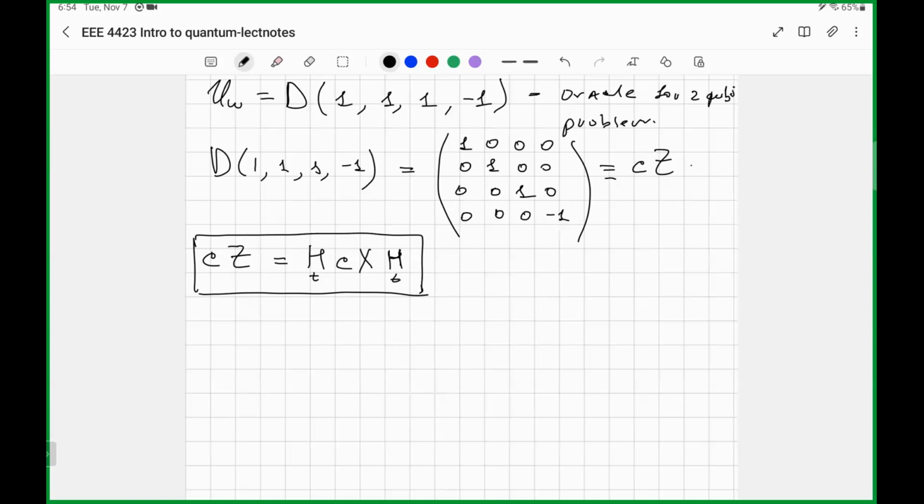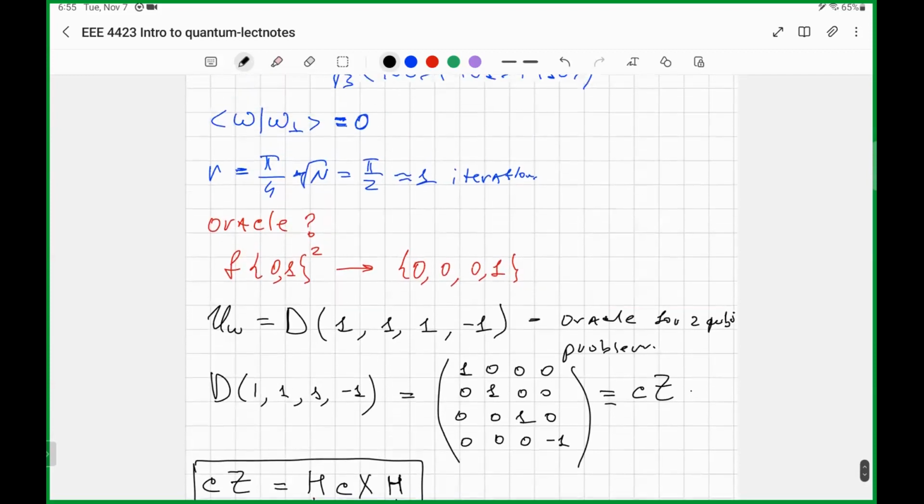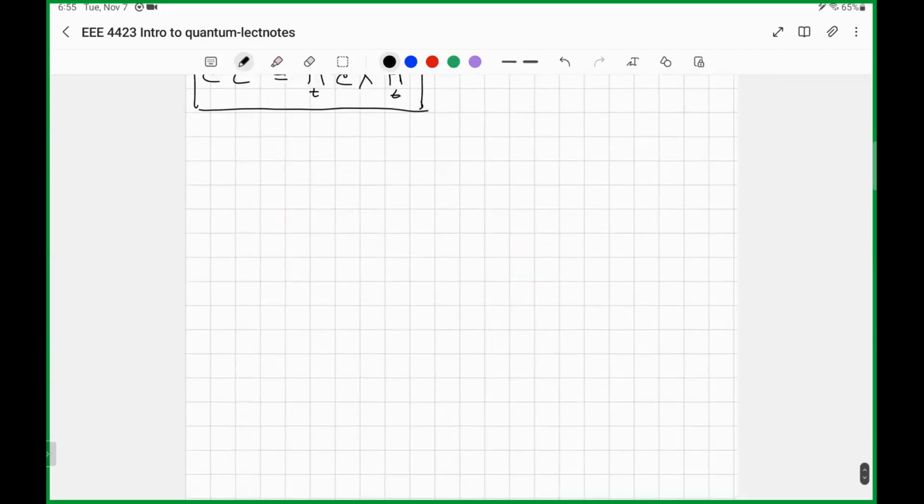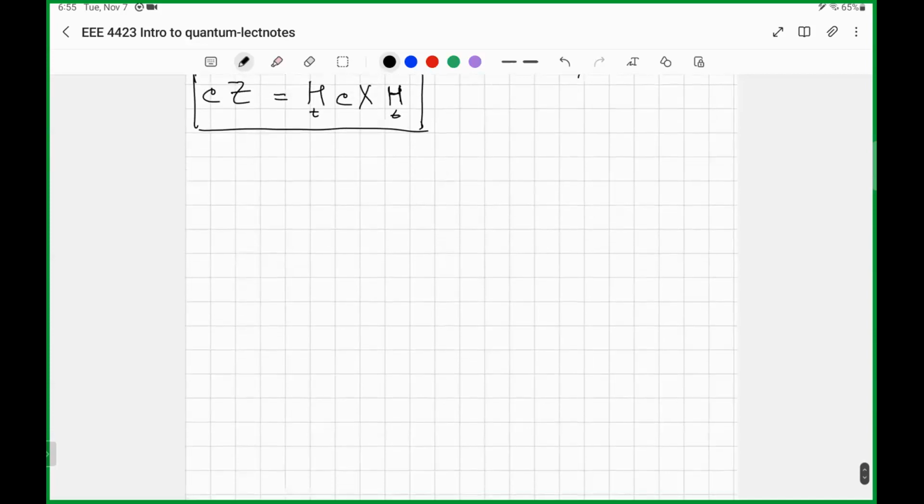But if the control is 1, then it acts as the Z operator on the target qubit. Okay, so having all this in mind, we can write down the actual circuitry for Grover's algorithm for the two-qubit system.